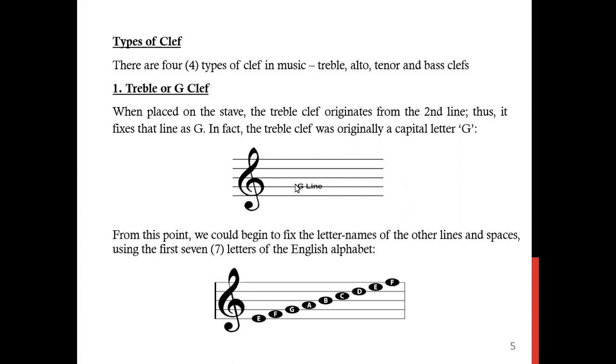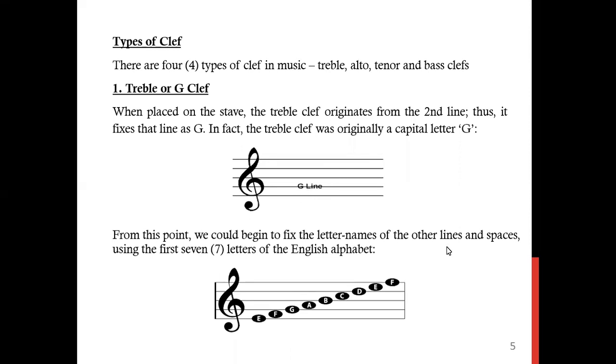You will remember that the second line is the G line. If you remember that, then label it correctly, going by the English alphabet. Remember that there's no H when we put in these alphabets in music, okay? Label it correctly.